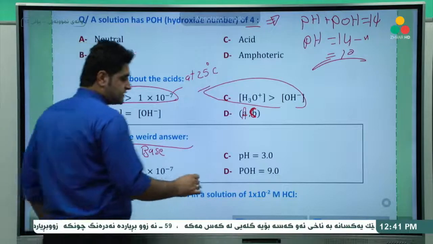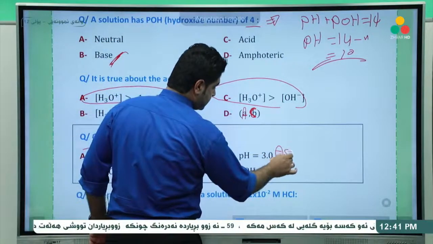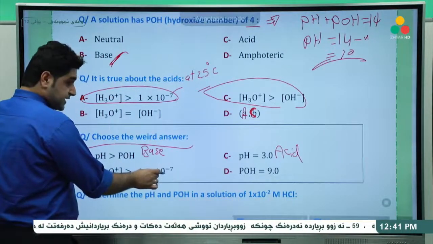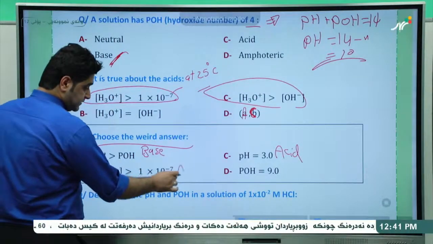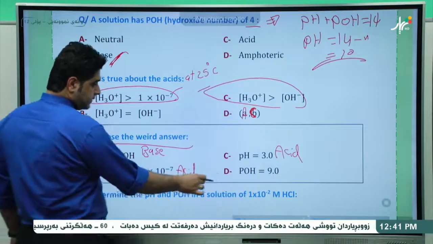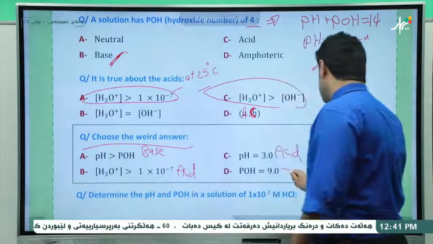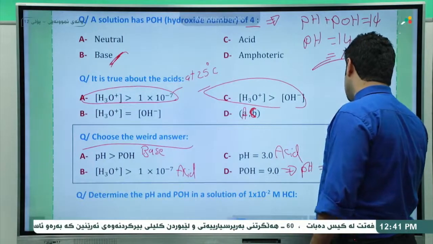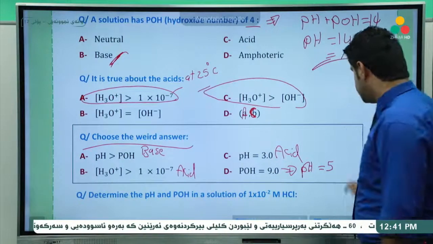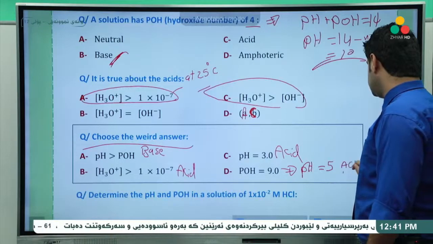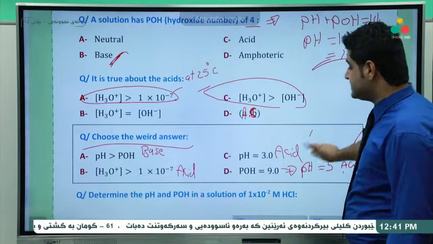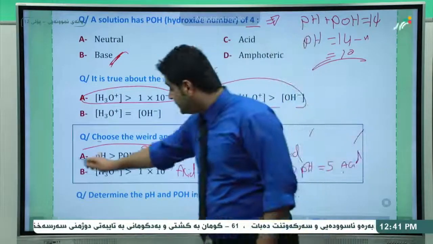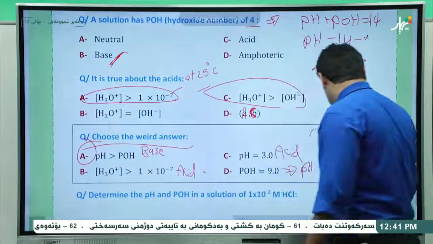Okay. pH is equal to 3, it's acid. H3O greater than 1 times 10 to the negative 3, it's acid. pOH is equal to 9, so we should convert it into pH. Now pH is equal to 5, it's acid. So now we get 3 acids with 1 base. Which one is the weird answer? A is the weird answer.